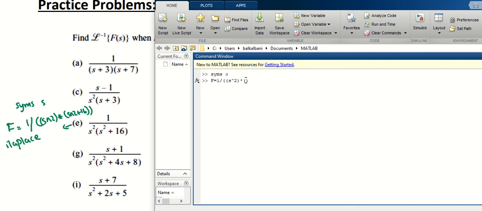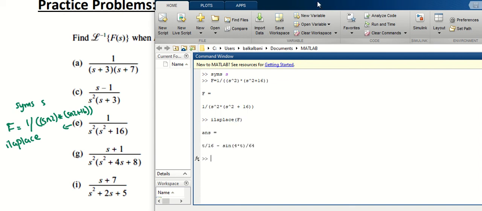Here we have S to the power 2 plus 16, then close the bracket, enter. Then we have ILaplace of F capital, enter. So we get the answer.